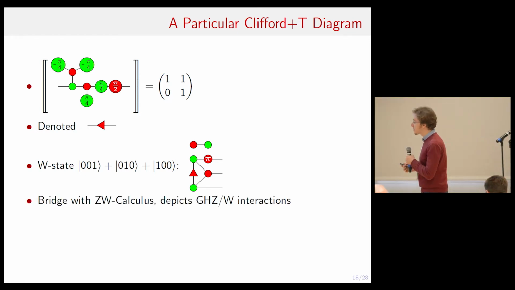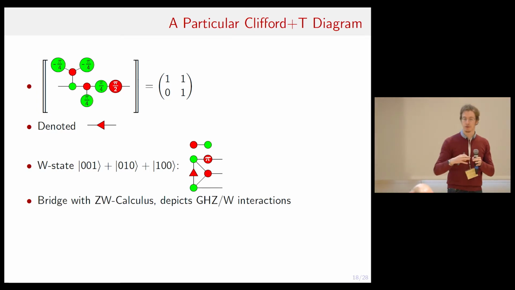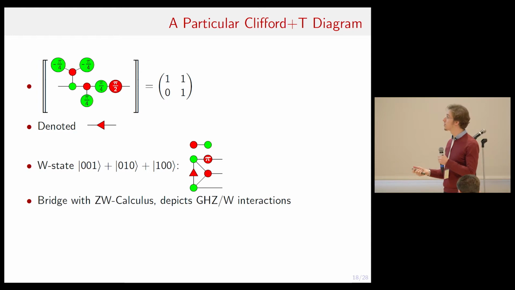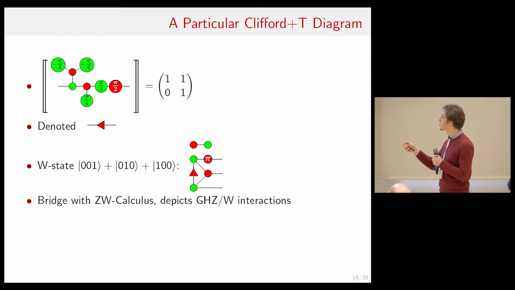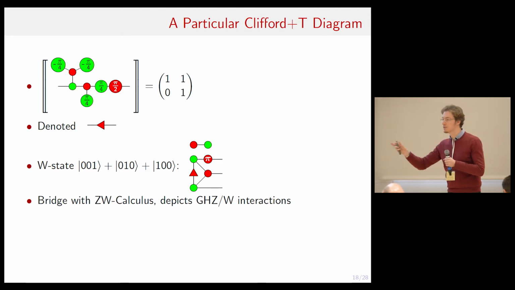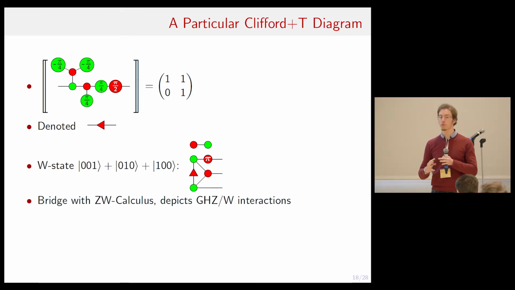And basically, this allowed us to create a bridge from the ZX calculus to another language called the ZW calculus, which depicts interactions between the GHZ and W states. And since the ZW calculus was complete, it allowed us to transport the completeness results into the ZX calculus.